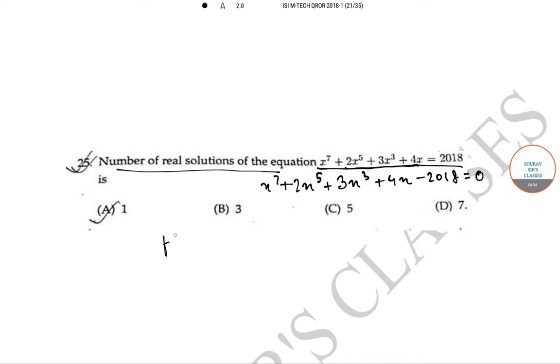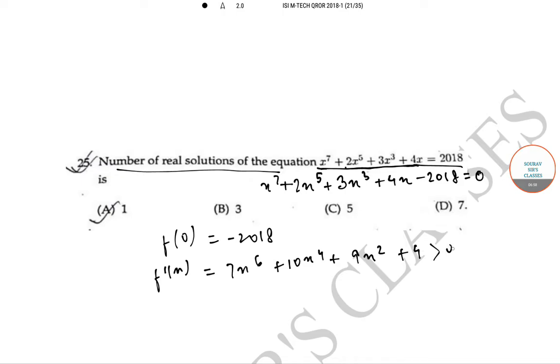Now if we place x equal to 0, we would get f(0) to be minus 2018. Now f dash (x) is equal to 7x to the power 6 plus 10x to the power 4 plus 9x squared plus 4, which is greater than 0 for all x.